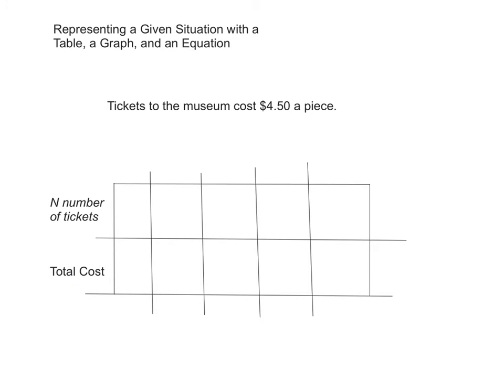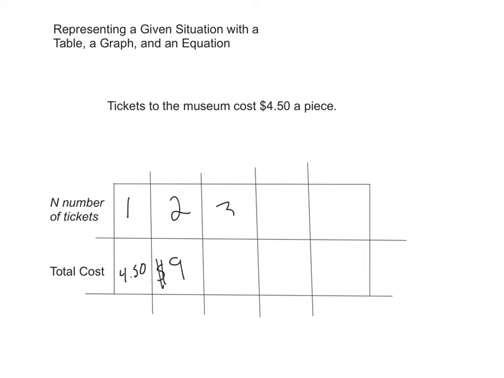Here's the start of our table. So to fill in our table, we want to see what we're talking about. And what we're talking about in this case, we're going to be representing the total cost based on the number of tickets given this situation. So we can start filling in our table pretty simply. If there is one ticket, the total cost is $4.50. If there are two tickets, the total cost is $9.